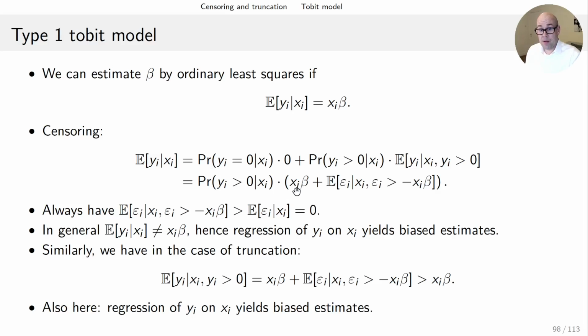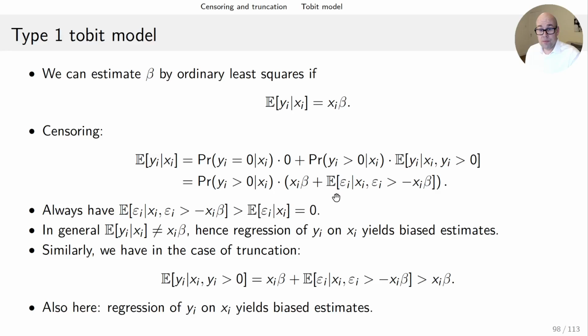So it would be the expectation of x beta plus epsilon given x and given that there's no censoring. That's the sum of two parts. Given x, x beta is equal to x beta. So that is this one here.